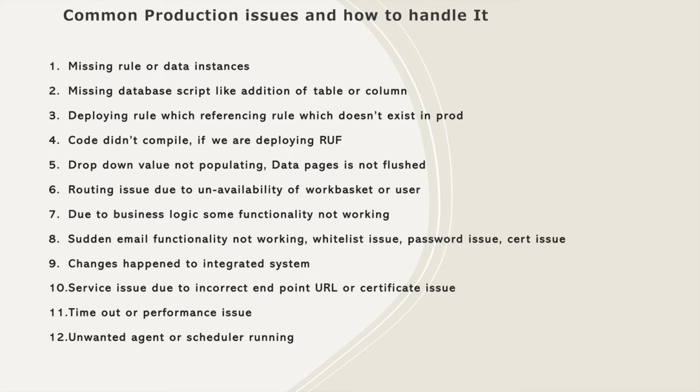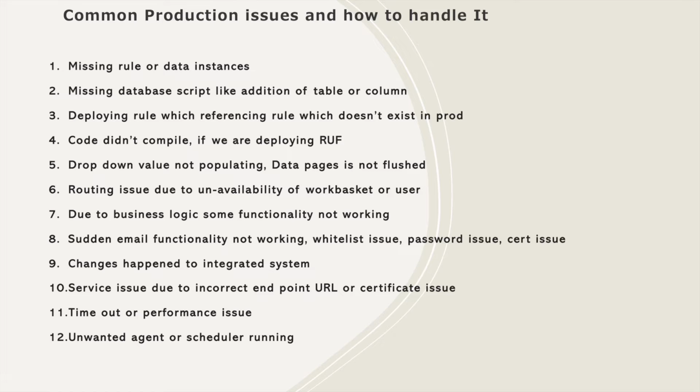The sixth one is routing issue due to unavailability of work basket or users. This is again related to functionality: we do a code deployment, and after that while testing we face that our flow is going to an error flow. The reason sometimes is that the work basket we are using doesn't exist. This is another example of missing data instances.